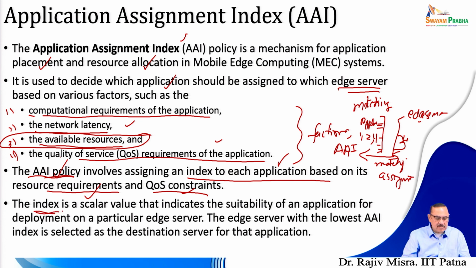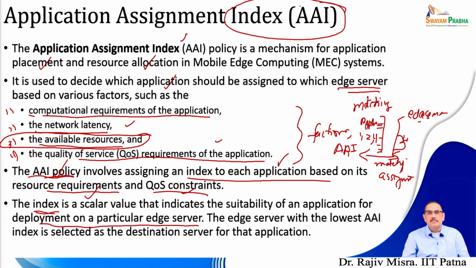Therefore, this index is a scalar value that indicates the suitability of an application for deployment on a particular edge server. So, this is going to be an important index here.